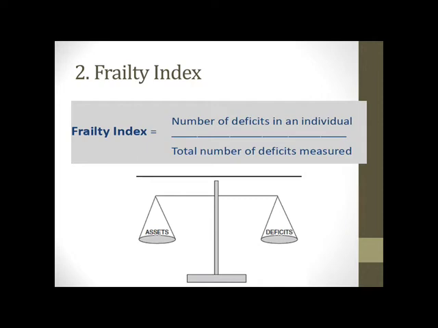They could be symptoms the patient had, laboratory investigations, social factors, functional factors. So the denominator of this equation is 92, and the number on top is the number of those 92 things that the person has wrong with them. So it's the number of things they have wrong with them over the total number of things collected, and that makes a ratio, and that ratio is called the Frailty Index.